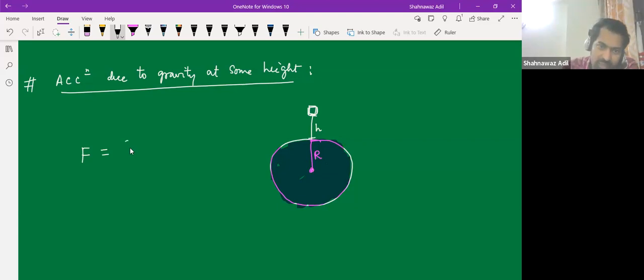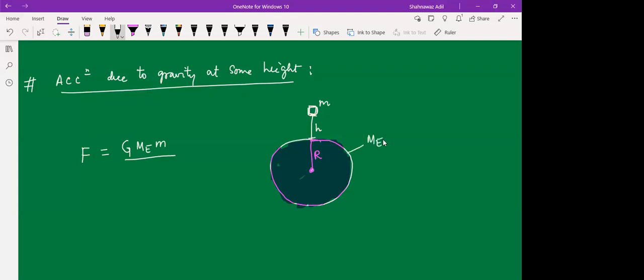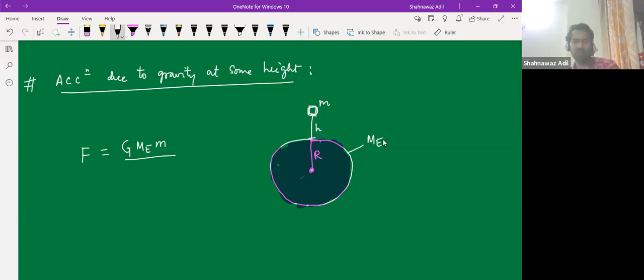So that would be G M_E m divided by what? What is the distance between this object and this point? Do we take the distance from the surface or the center?